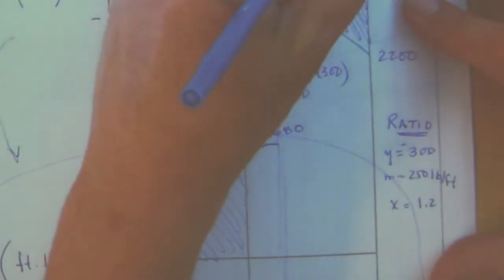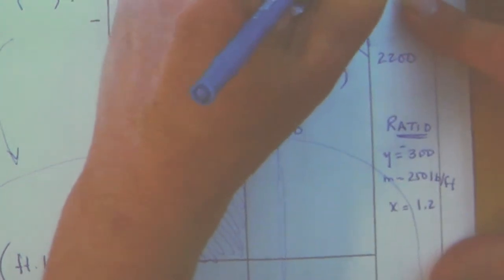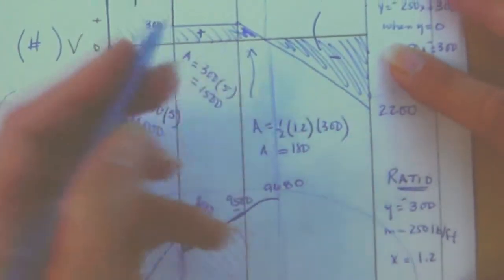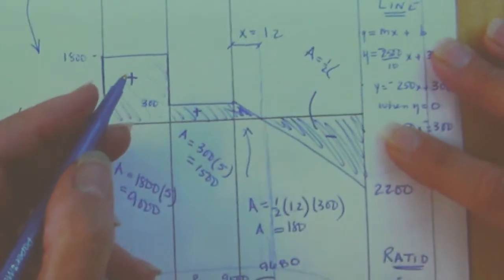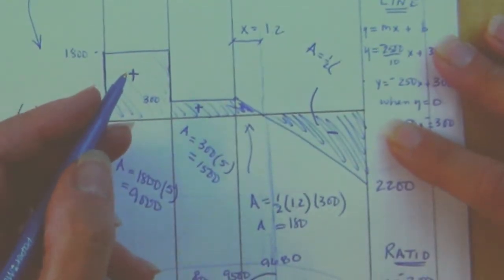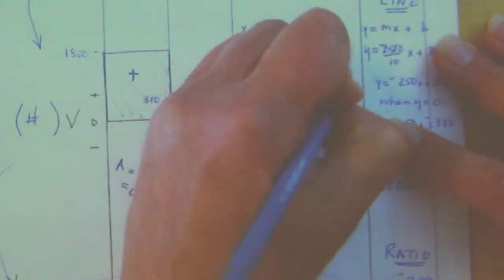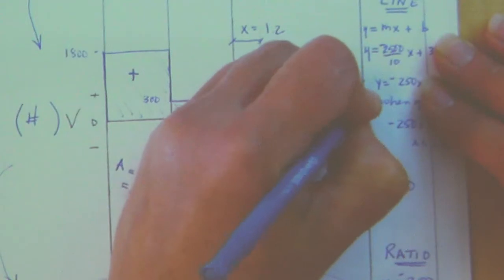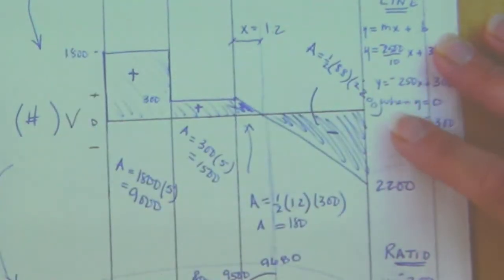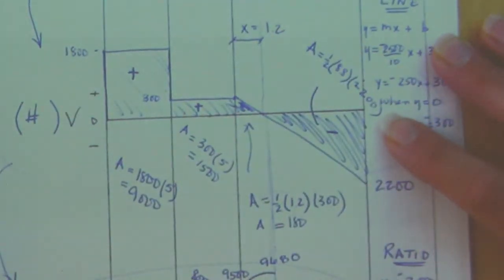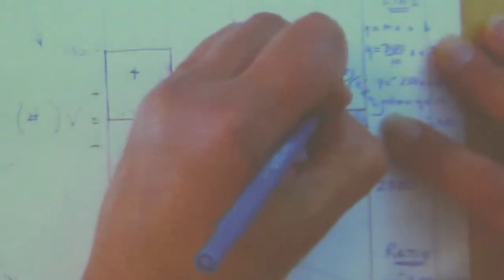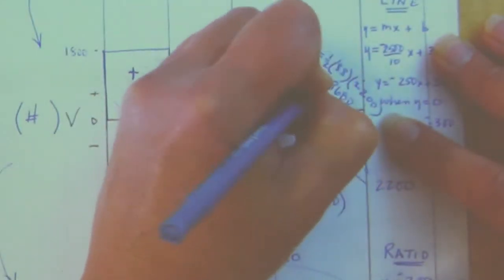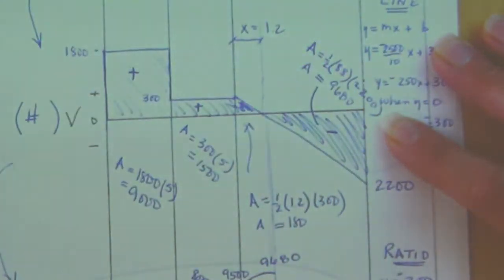So you want to calculate the area, right? 1/2, what's the base? 8.8 times, what's the height? 2,200. And what's that come out to, Gabby? 9,680. Awesome. Did we want it to come out to 9,680? Right.